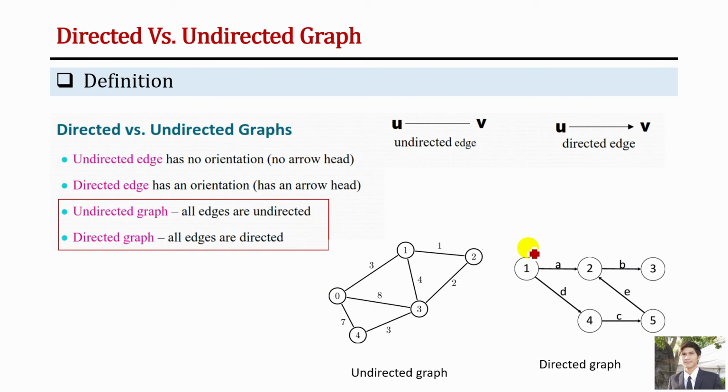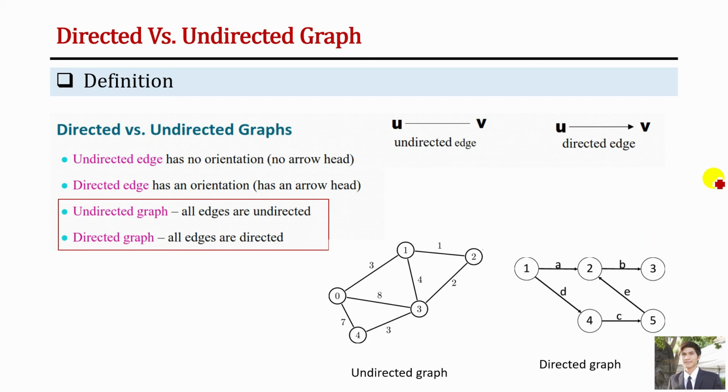So graphs are divided into two main types, called directed graphs and undirected graphs. An undirected graph normally consists of edges that are called undirected edges. There is no direction at all when connecting from one node to another. A directed graph, sometimes called a digraph, consists of edges that are directed.